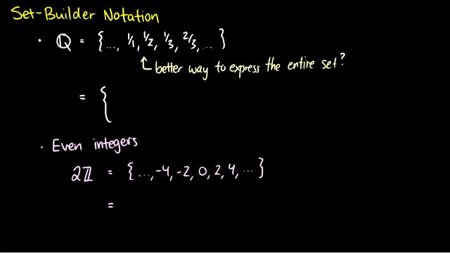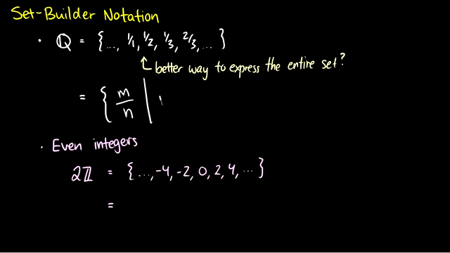So for instance, I can say this is the set containing elements that are of the form m over n, such that, so this straight bar means such that, and now I'm going to give a rule. So the left is like the form that it takes, and on the right side, we're going to give it a rule.